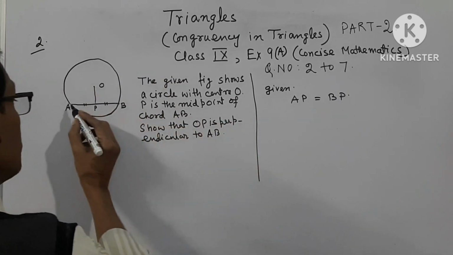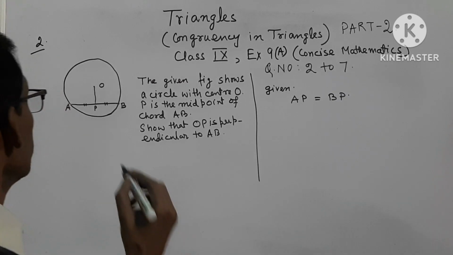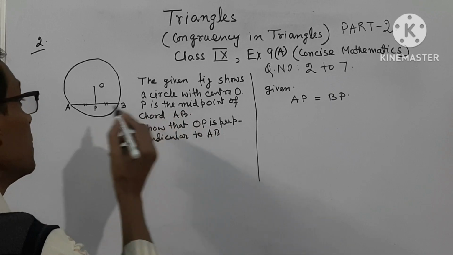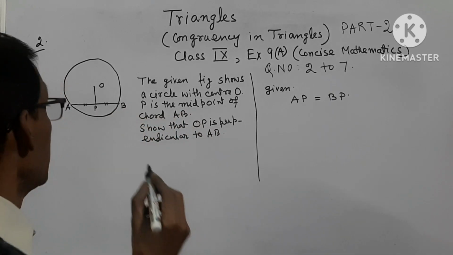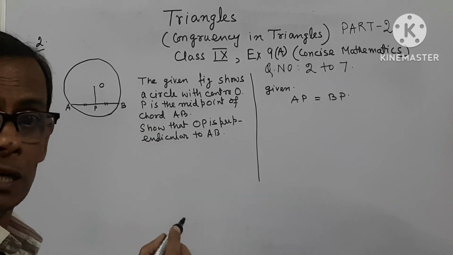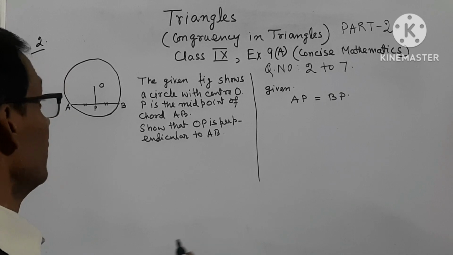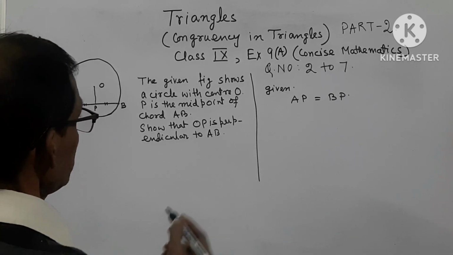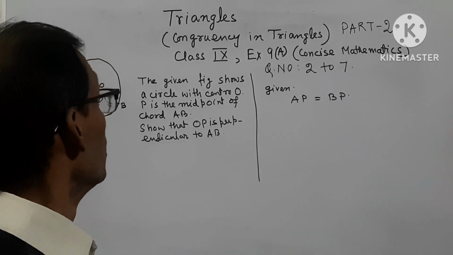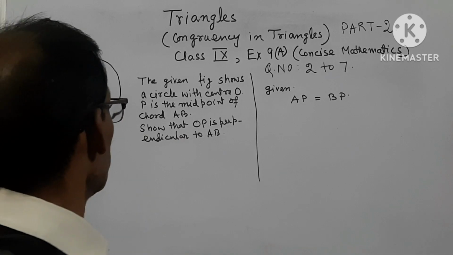If a point is given and it is said to be the midpoint of the line segment, that means the two sections of the line segment are equal to each other. That means AP equal to BP, it is given. Is anything else given? No, nothing is given except O is the center of the circle.